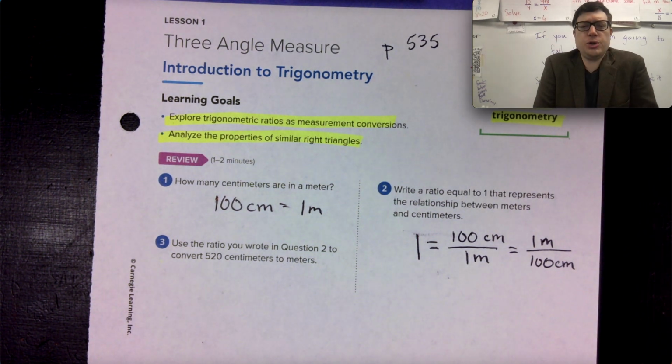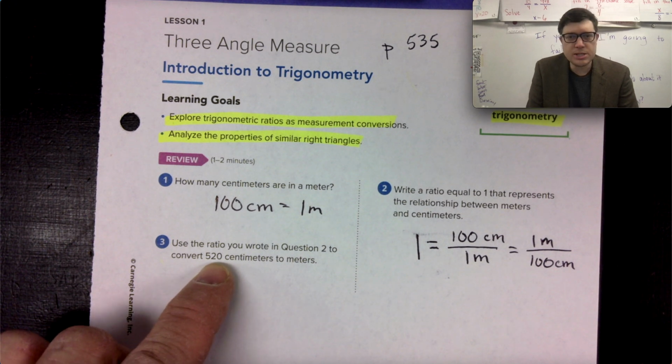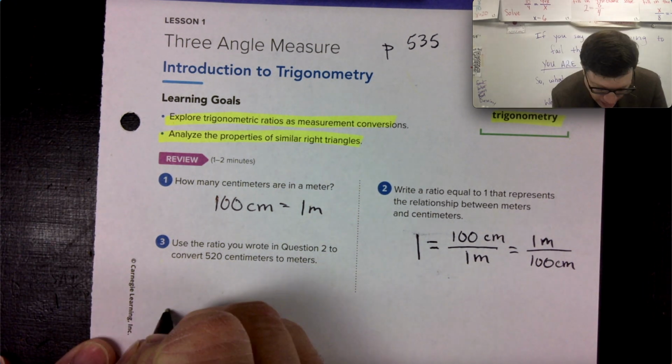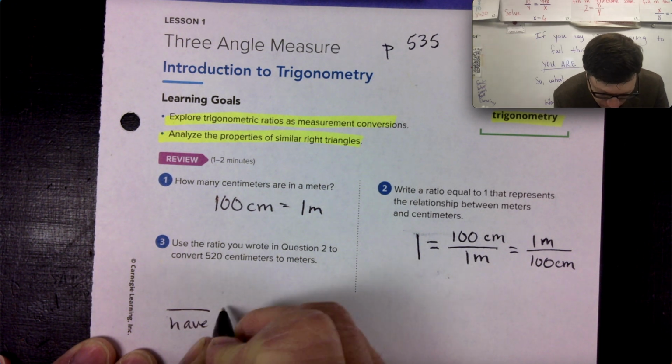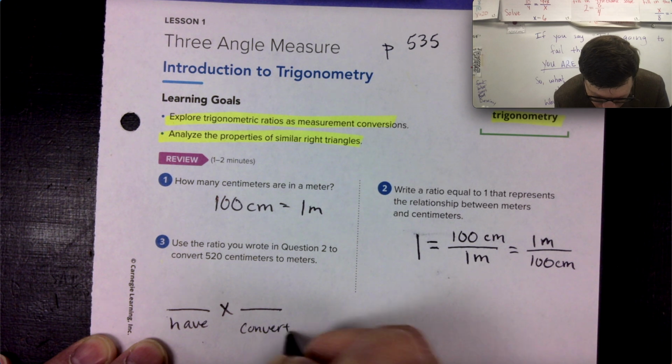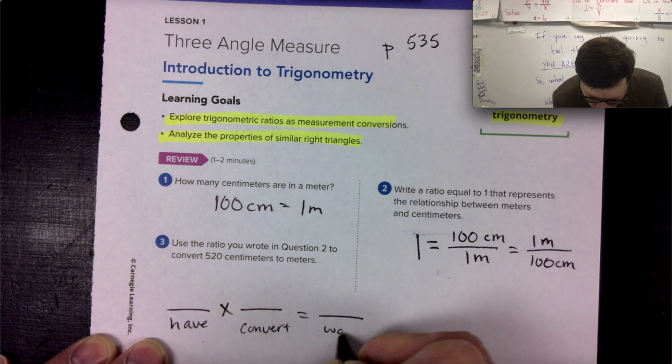Use the ratio you wrote in question 2 to convert 520 centimeters to meters. Here's what you do. You start with what you have, you multiply by a conversion, and what you get is what you want.